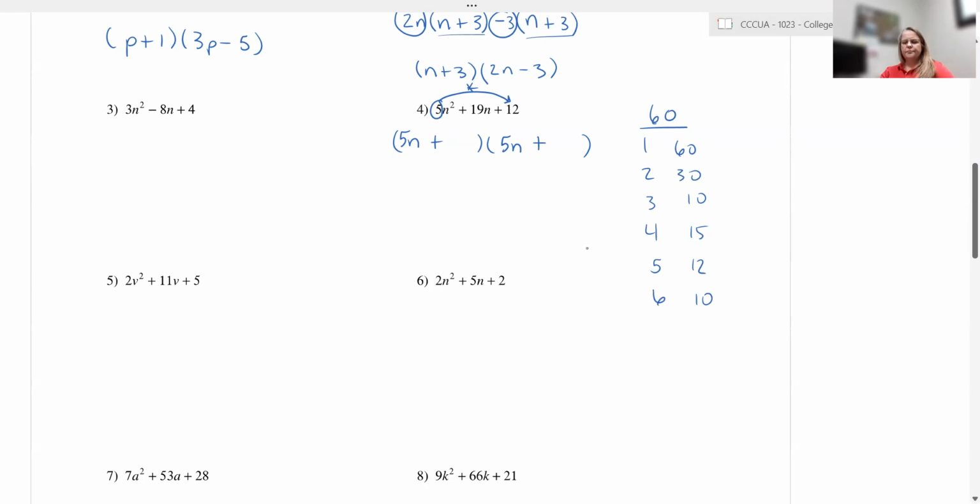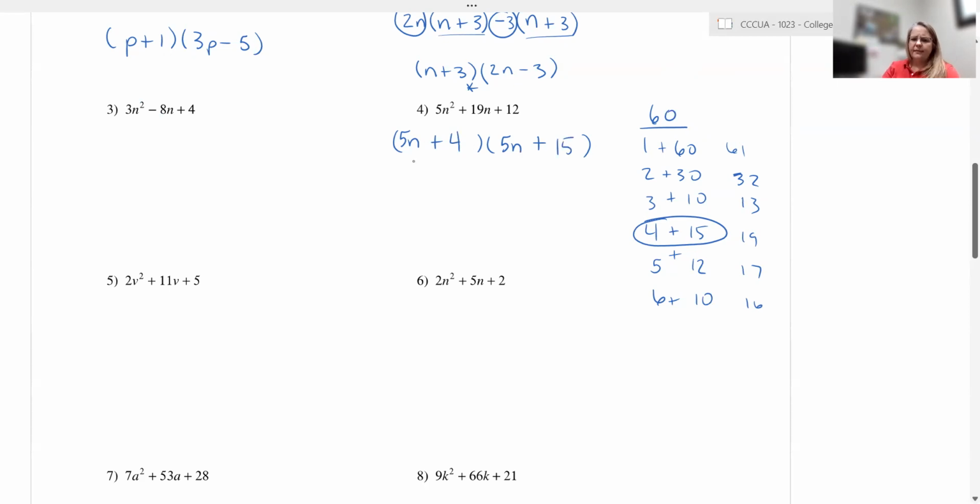Sixty's got a lot of them. Because my signs are the same, I need to take the sum of my factors, and I need to find the combination that adds up to 19. And so that's going to be 4 and 15. Because my signs are the same, it doesn't matter where I put them.